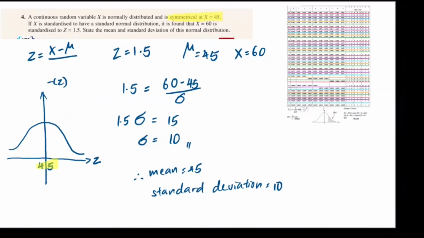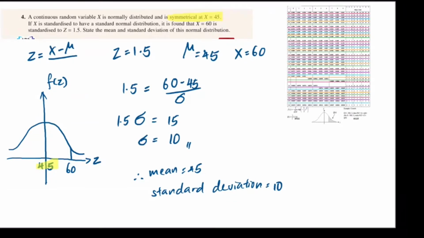So first I draw a z-score graph, and then I label it out. The question states that x is normally distributed and it is symmetrical at x equals 45, which means the 45 should be the mean.